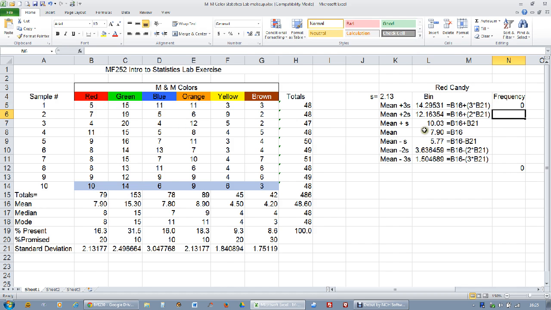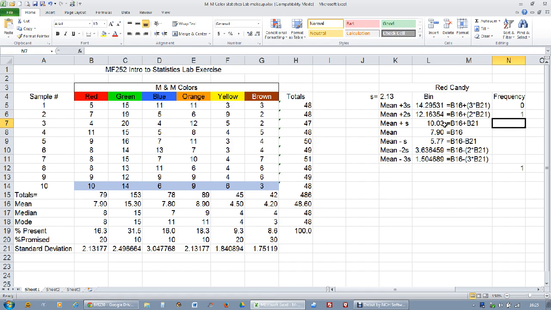For our second one, we're looking for a number that's less than or equal to 12.16 and greater than 10.03. And it looks like we have 1. 10 is less than 10.03, so we won't count that. So we have 1.